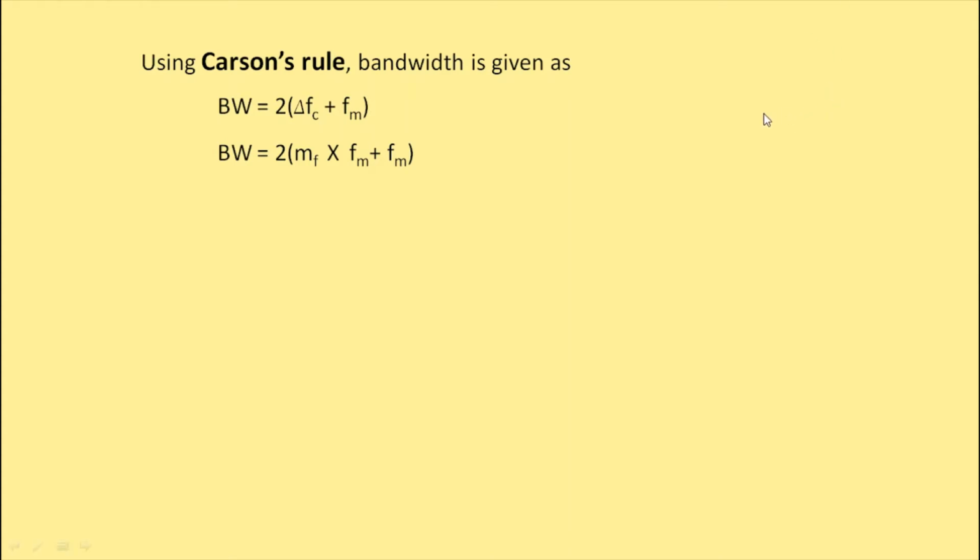We have already studied that MF is equal to delta FC max by FM. So cross multiplying this, we get delta FC as MF into FM. Substituting here, on simplification, we get 2 into FM into MF plus 1, taking FM common from both the terms. This is another formula for calculating the bandwidth of the FM signal.